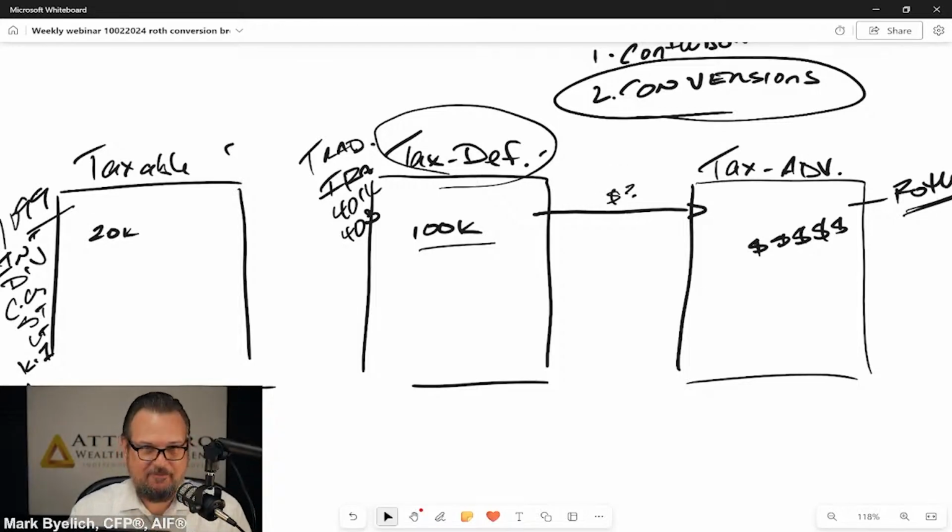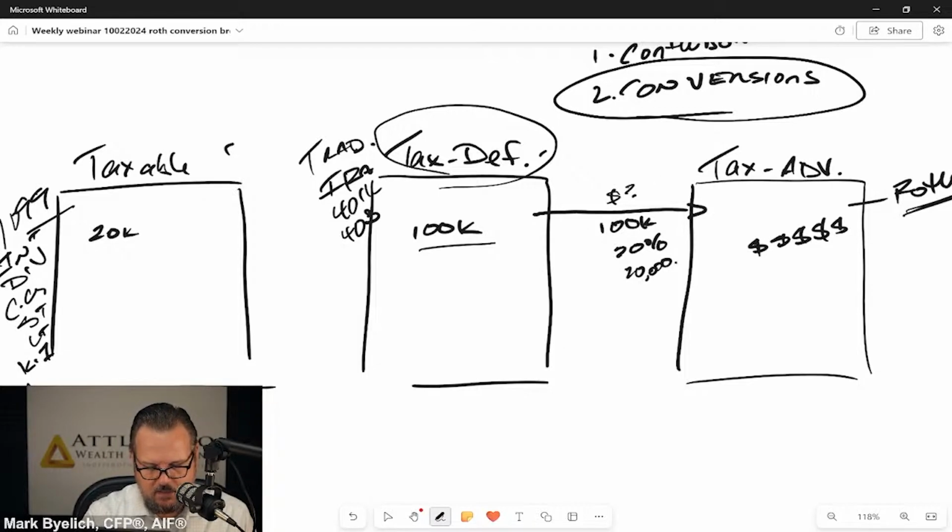So for this example, let's say that you're going to convert this entire $100,000 in 2024, and we know, for example, that your tax rate is 20%. So there's two different ways that you can pay that tax. You can withhold that 20%. That's $20,000 in tax.